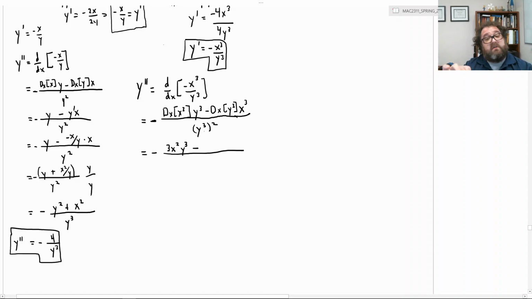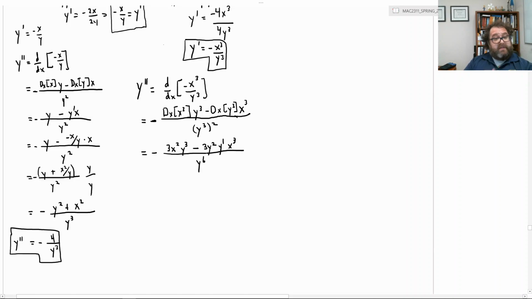We're taking the derivative of the outside function, the cubic function, and we get 3y squared. Well, that's the derivative of the outside function, evaluated at the inside function. And the third part of the chain rule says to multiply by the derivative of the inside function, the derivative of y, which is y prime. And we multiply, don't forget, by that x cubed that was already there. Over the denominator, which is y cubed squared, we multiply the exponents and get y to the 6th power.